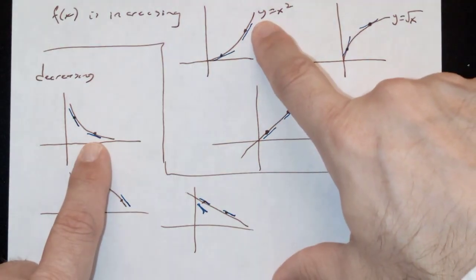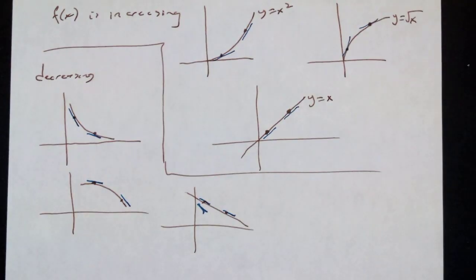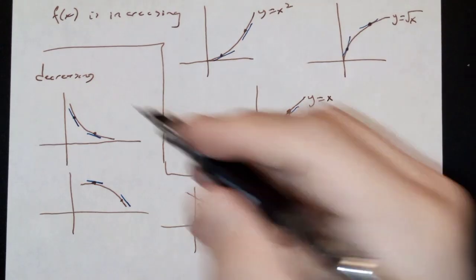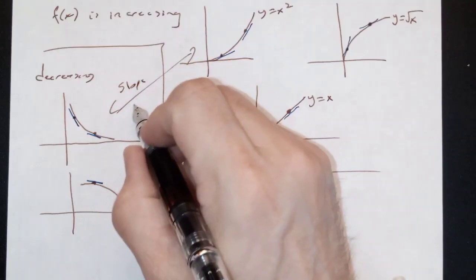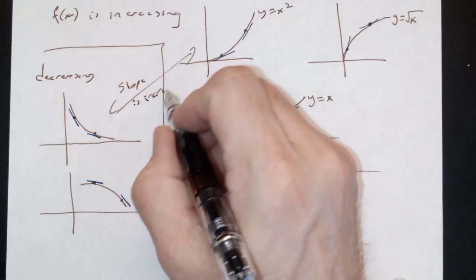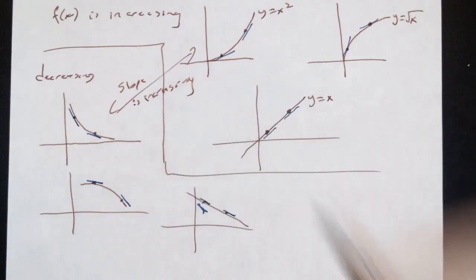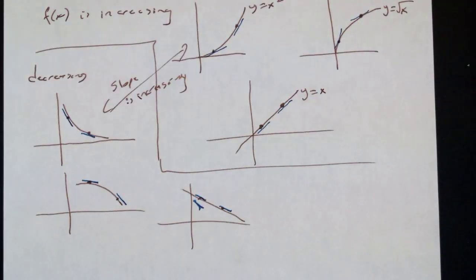Hey, wait a minute. As we go from left to right, our slope gets bigger. That means here, slope is increasing. Using the words we just came up with 40 minutes ago.